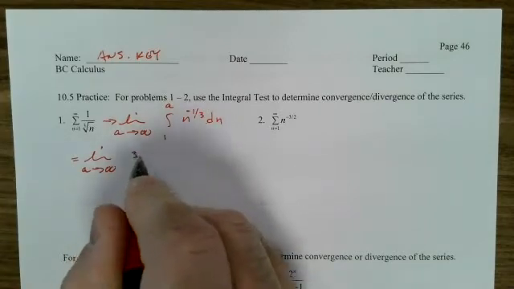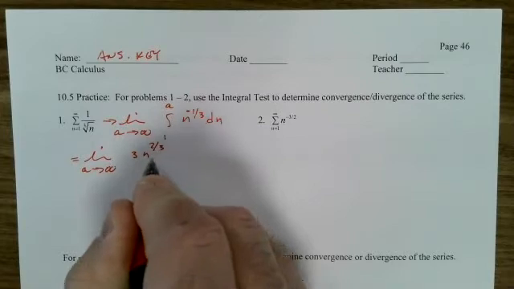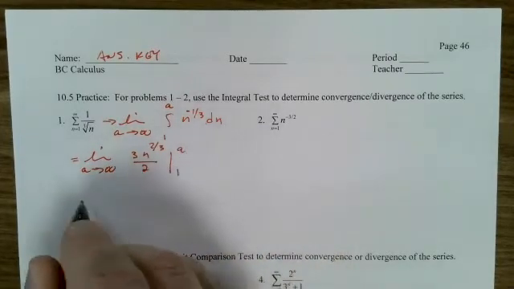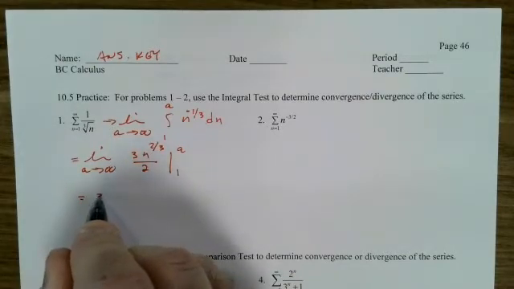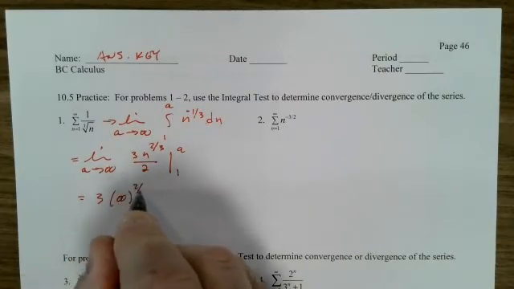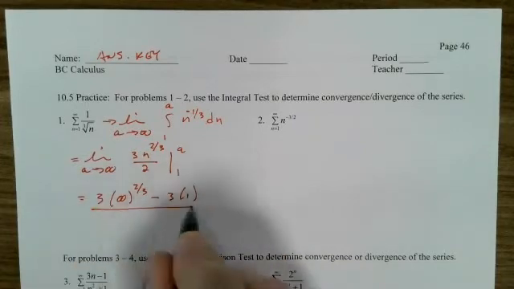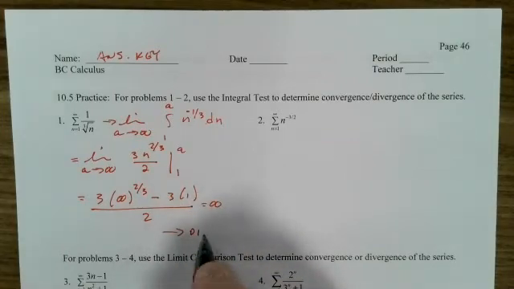So 3n to the 2/3 over 2, from 1 to a, which is 3 times infinity to the 2/3 minus 3 times 1 over 2, which is infinity, which means it diverges.